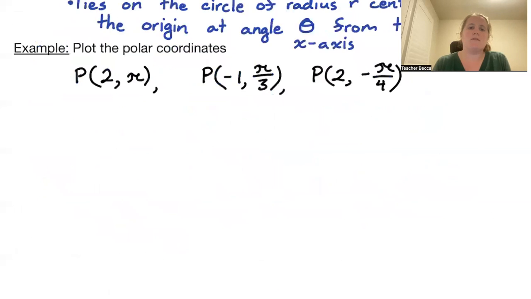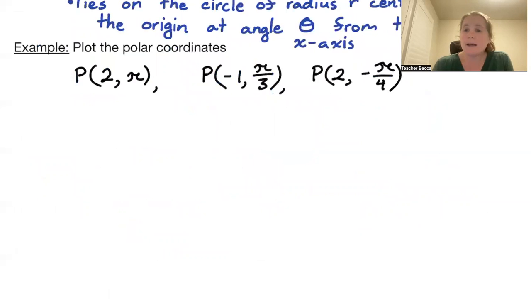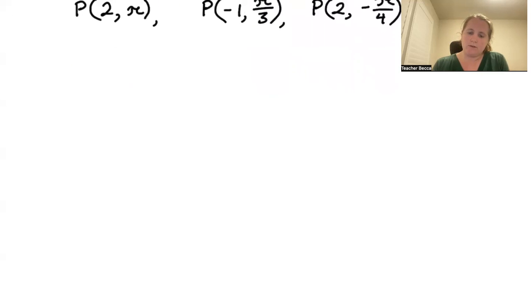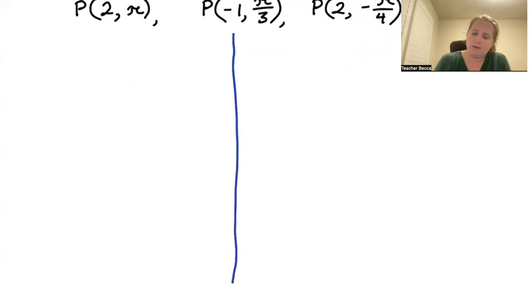So for example, let's plot the polar coordinates 2 comma pi, -1 comma pi over 3, and 2 comma negative pi over 4. So the usual way to do this is to essentially imagine the unit circle.